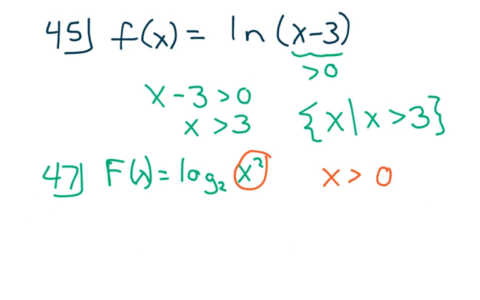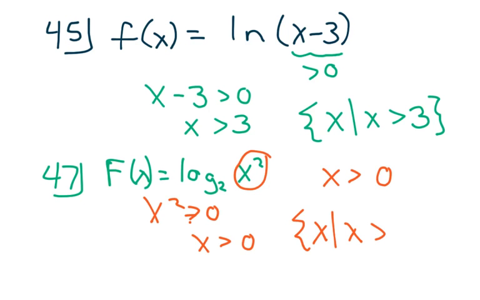So we just set that to be bigger than 0. That's pretty easy. Square root both sides. So you get x is all real numbers that are bigger than 0, that are positive, in other words.